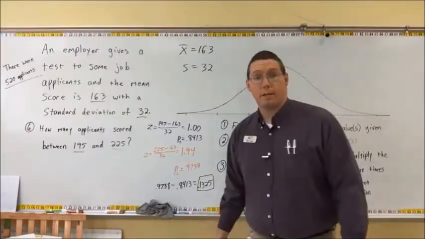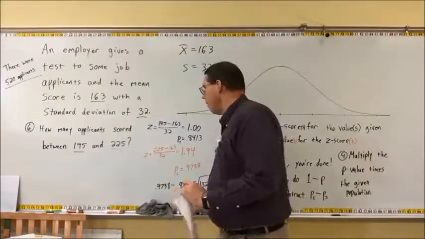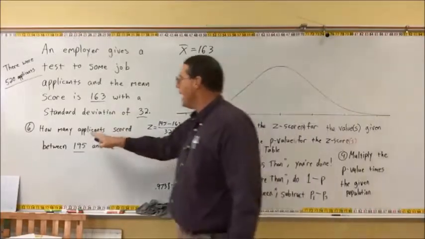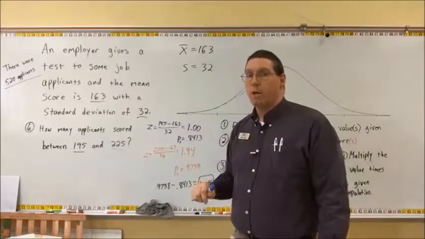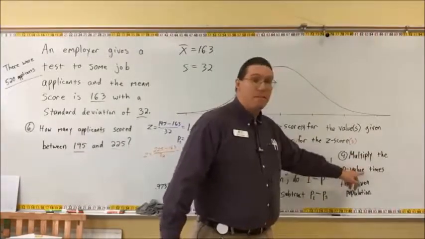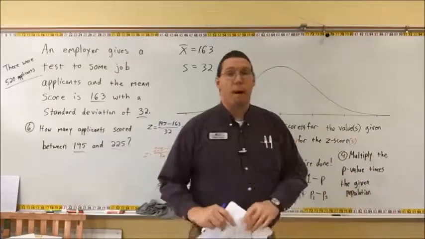But we're not done yet, because the question is not asking what proportion is between 195 and 225. It's asking how many applicants. So we need to do our last step, step 4: multiply the final p-value times the given population.